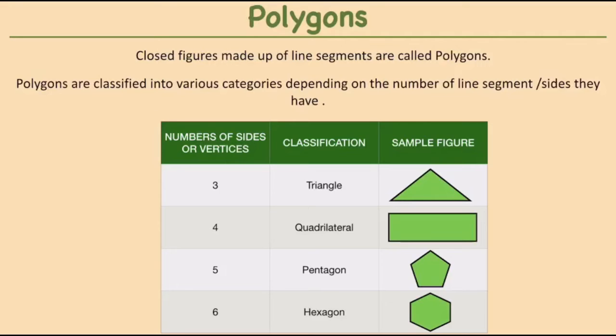That means in Greek, tri means 3, quadri means 4, penta means 5, hexa means 6.